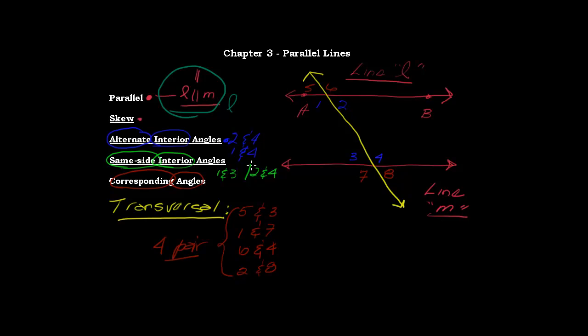L is parallel to M, and you'll see that in the text and everywhere, SATs, etc. We have 3 types of nomenclature for the resulting angles. So if you simply draw 2 parallel lines, use a yellow transversal if you will, which is that, then you create 8 angles. All 8 of those angles have special names. So in the next video, I'm going to talk about some of the theorems that involve these angles.